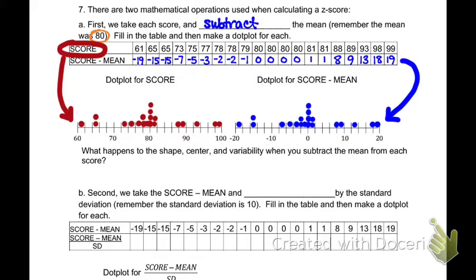I got mine finished, so you can look up at the screen when you're done with yours to compare yours to mine.